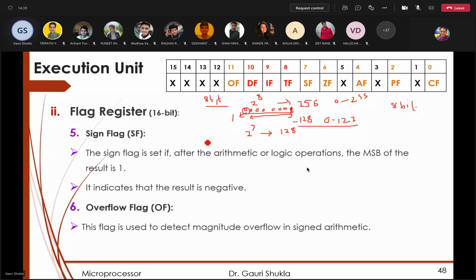Correct? So 7F plus 1 will give me 80. This is nothing wrong because 80 is a positive number. Correct? But 80 has gone beyond. So 80 is 128. So in unsigned integer, this is beyond 127. Correct? And hence the overflow flag is set. Understood?